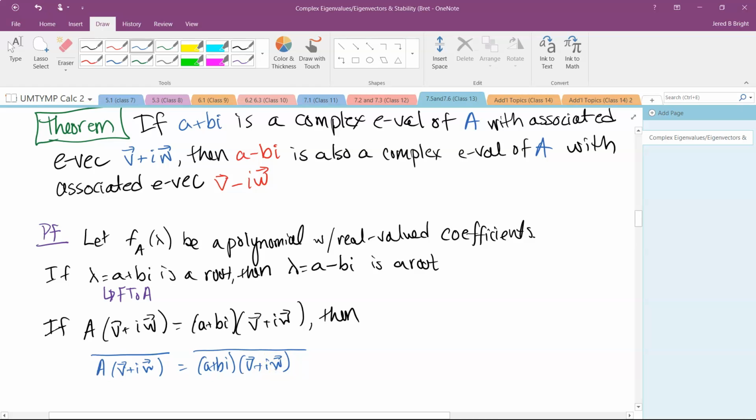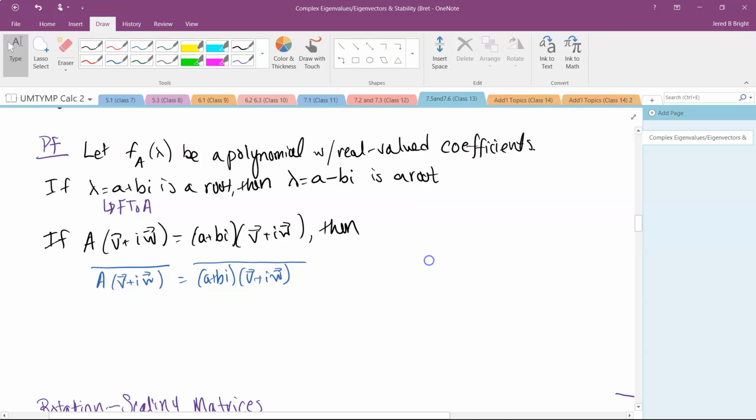And the left-hand side just becomes A times v minus iw, because the matrix A is already real valued. We don't have to worry about that at all. So we just take the complex conjugate of the vector, and now on the right side it becomes a little bit more interesting.